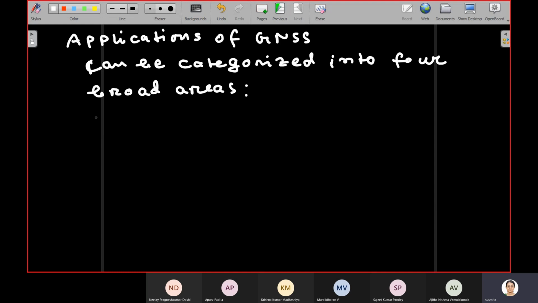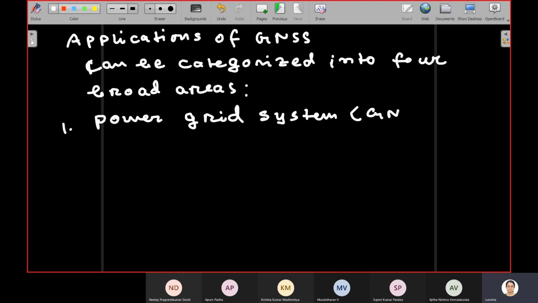The applications are categorized into 4 broad areas. The first one is the power grid system, where GNSS time is important. Why is GNSS time important? All the power grids must be synchronized in time. Because if one portion of the grid requires more power, that can be delivered at precisely the right time from some other portions of the grid.